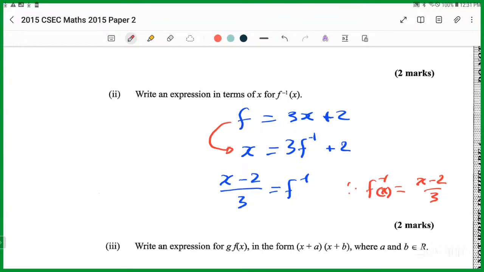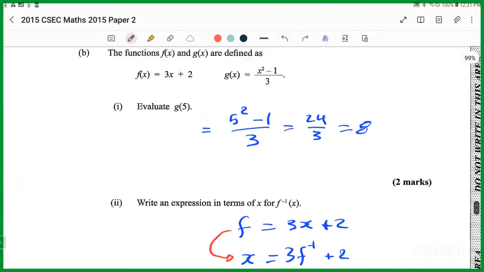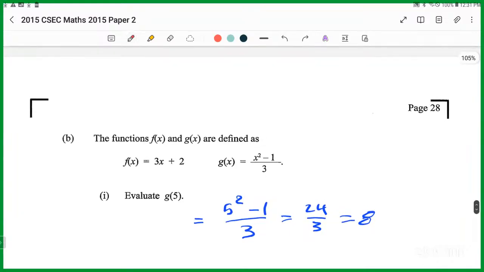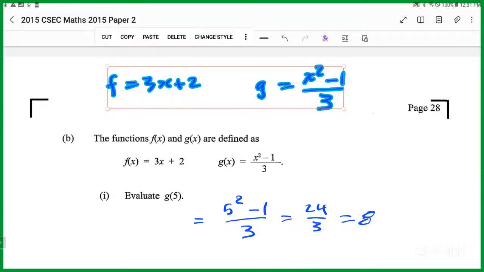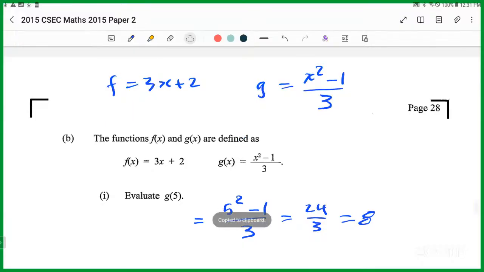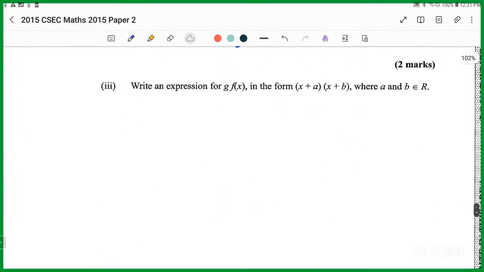Yes, sir. Alright, next part now wants g of f. Let's set it up. So the f function is 3x plus 2, and the g function is x squared minus 1 over 3. Let me copy them down. Put them right here.